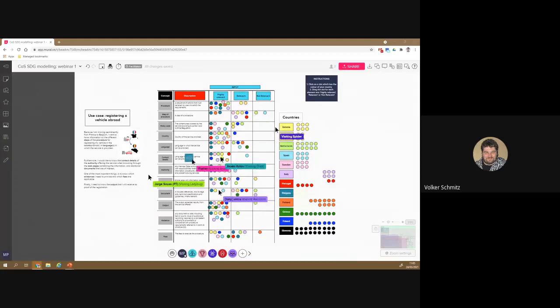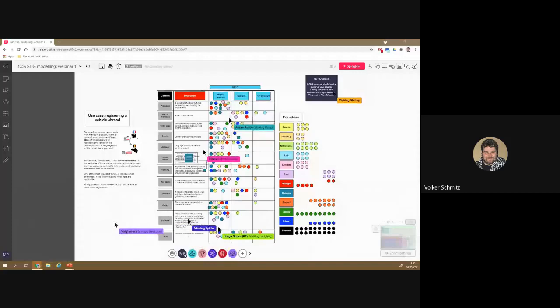Hello, Volker speaking here. I have a question about the evidence. In your table, you mention Articles 3, 6, 13, and 14, but don't mention Article 10, which is the relevant one in my point of view.